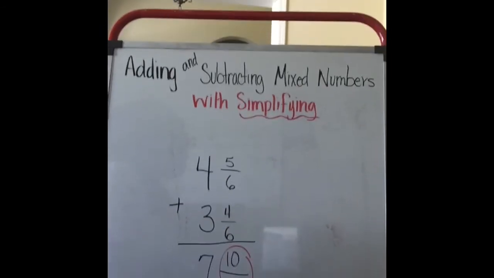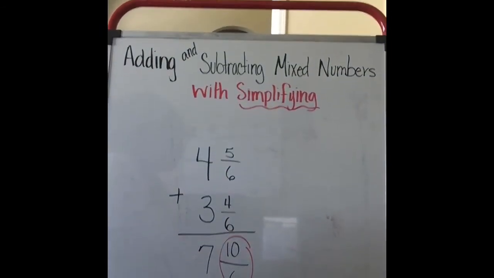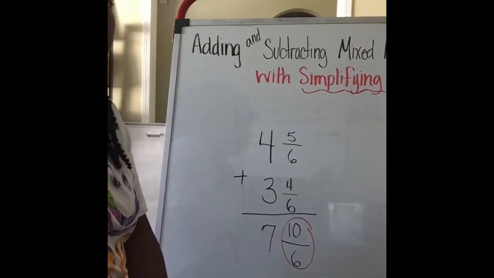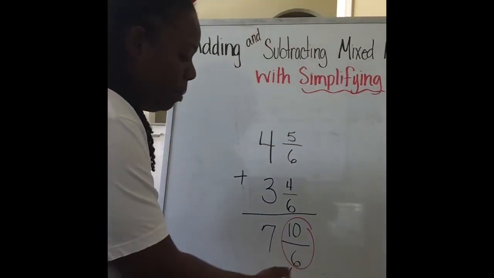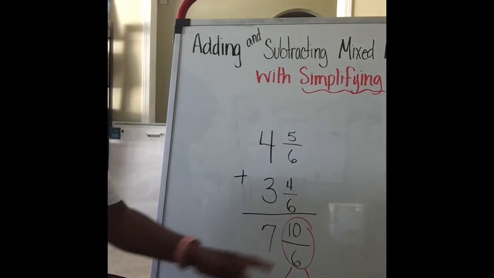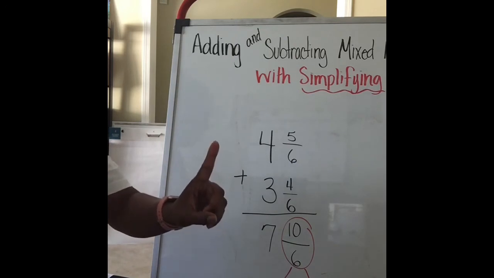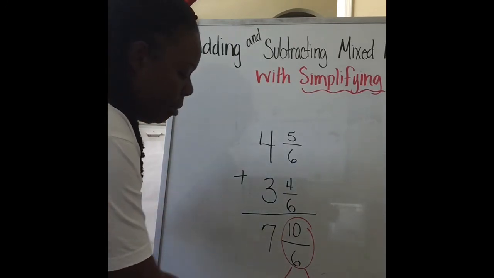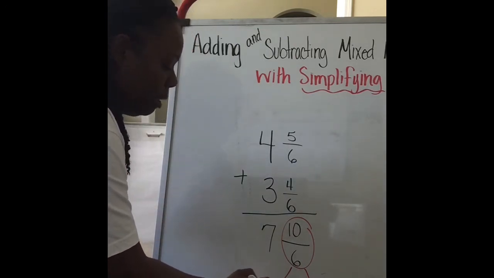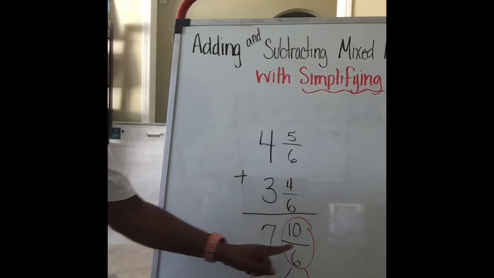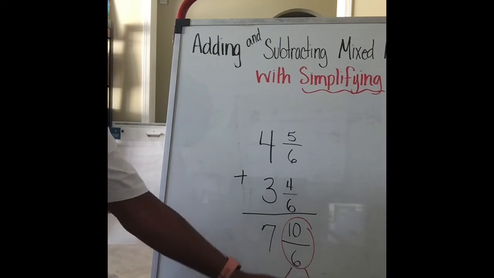Now you can either simplify by making a number bond. You may remember how to make a number bond. Skip count by 6 and get as close to 10 as I can. 6. I'm only going to skip count 1 time. Remember, that's the same as saying 6/6. And then how many more sixths would I need to get to 10/6?